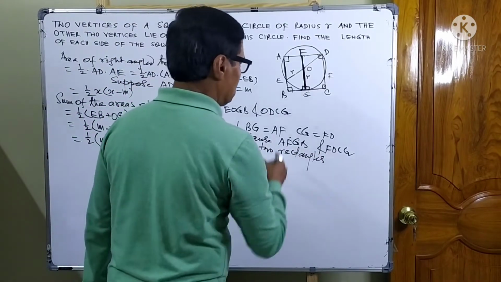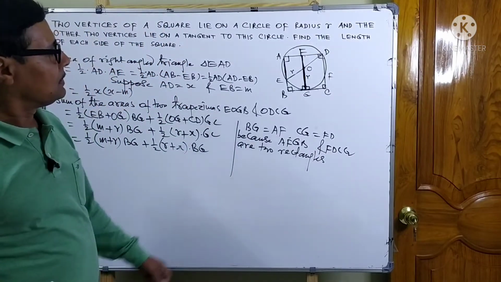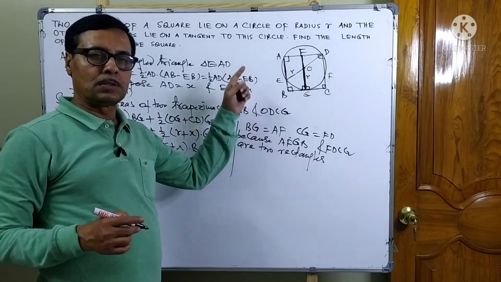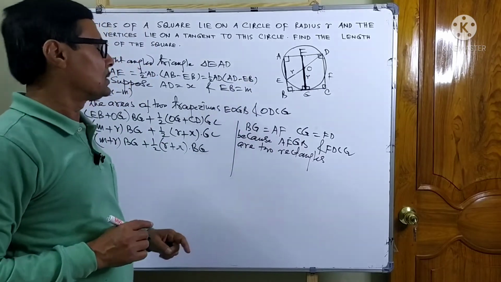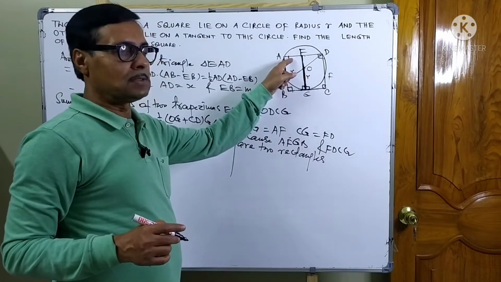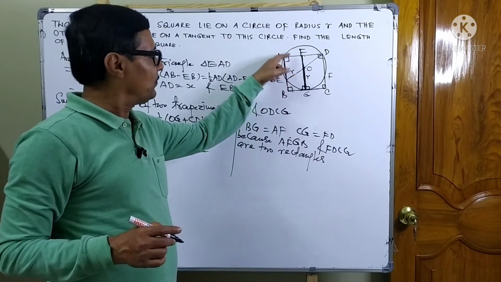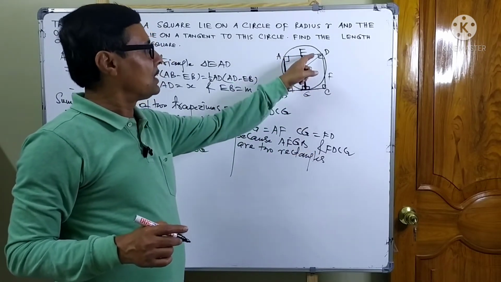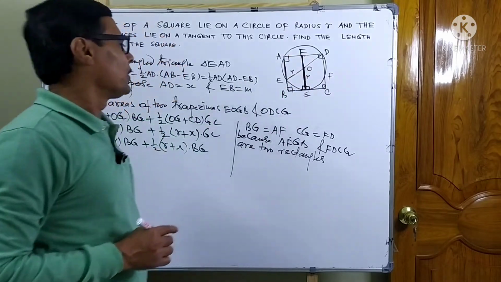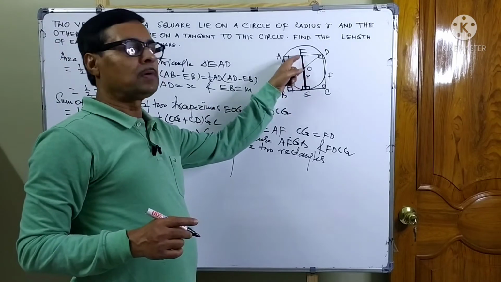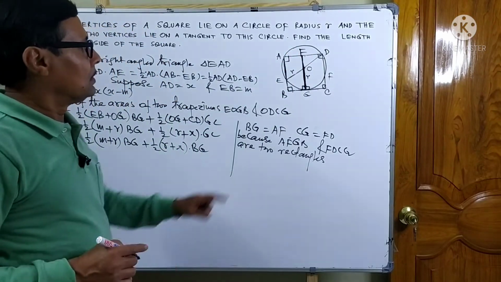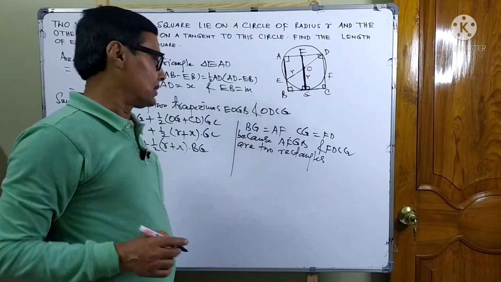So, as these two are rectangles, opposite sides of each rectangle are equal. These are two opposite sides, that is BG equal to AF, and these are two opposite sides of this rectangle. So, CG equal to FD, and also OF is perpendicular drawn from the center of the circle to its chord AD. So, OF bisects AD.